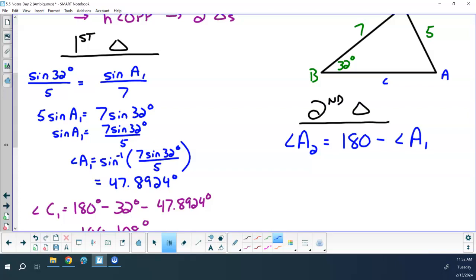They are going to be supplementary angles. So you take 180 degrees and you subtract off that angle. So that gives me angle A sub 2 is 132.108 degrees.